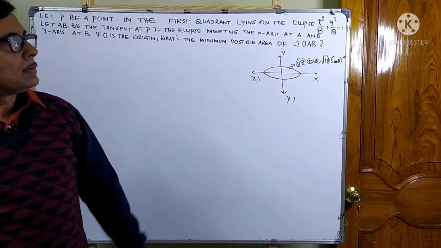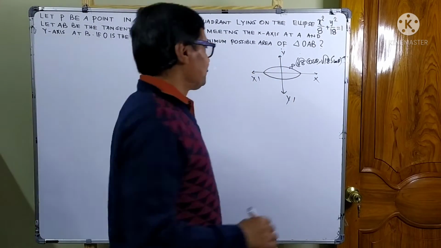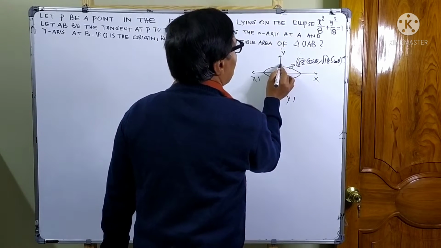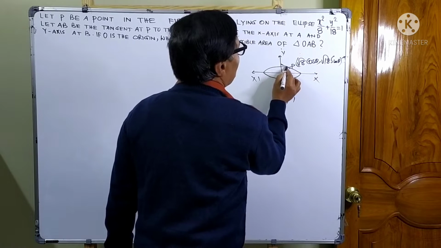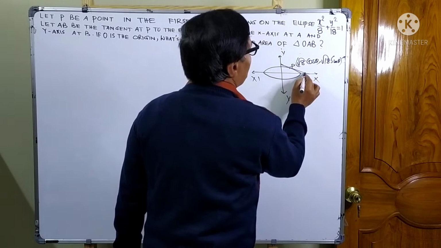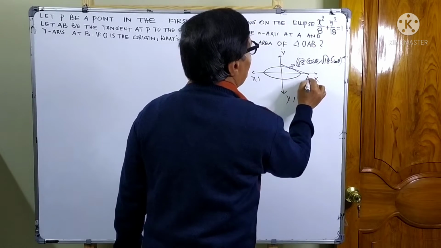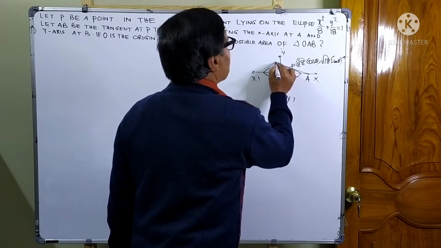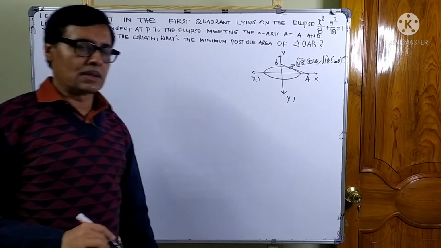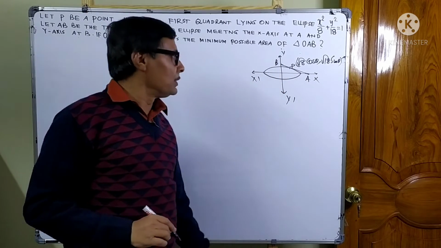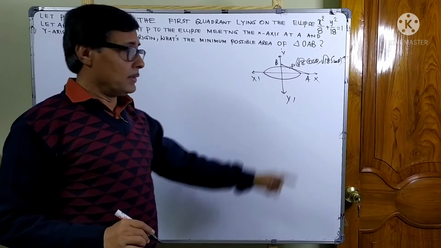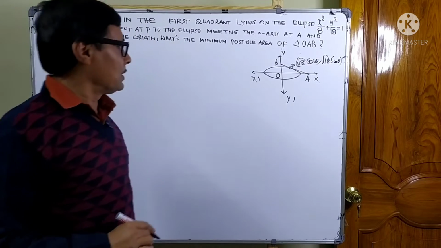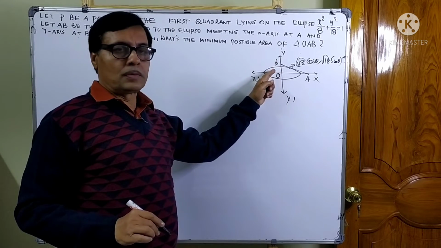This is the parametric coordinate of the point P on this ellipse, and a tangent is drawn at this point P, and this is the tangent. This tangent cuts the x axis at A, and cuts the y axis at B. This is the tangent AB, and O is the origin, that is the intersection of the two axes.